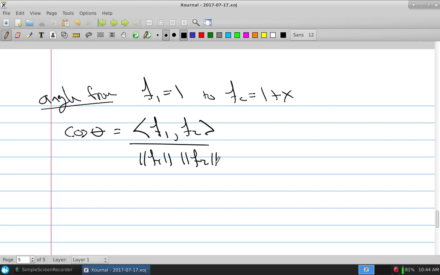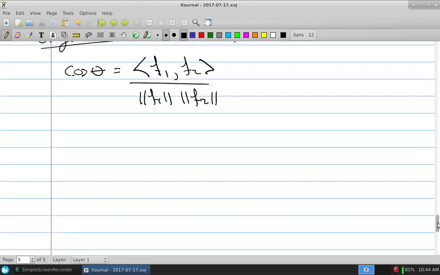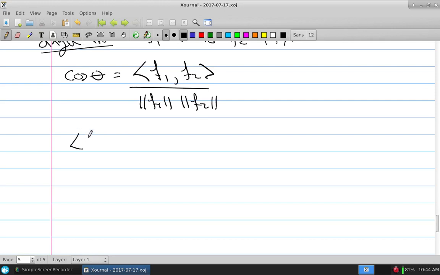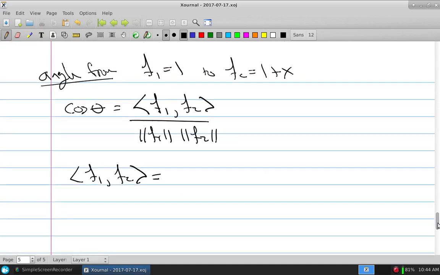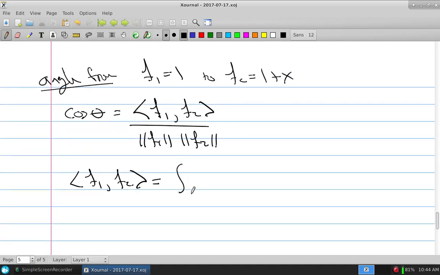So I've got 3 integrals to do. What's the inner product of f1, f2? It's the integral from -1 to 1 of the first function, second function, dx. That's the integral from -1 to 1 of 1 times (1 plus x) dx.